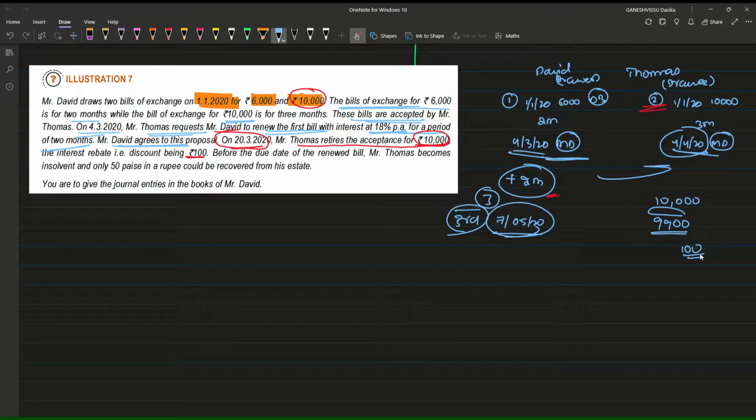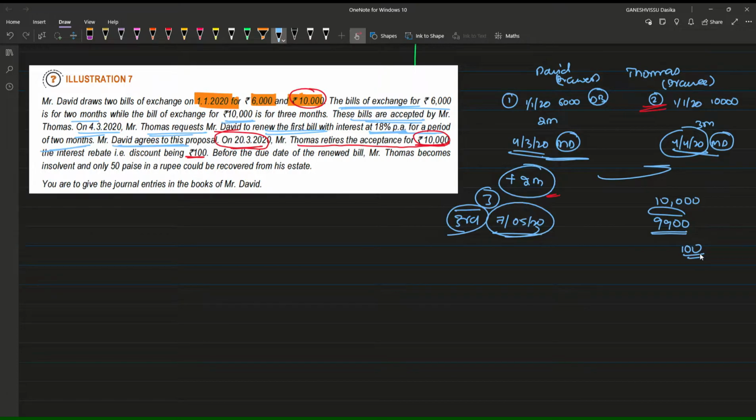Before the due date of the renewed bill, that is the third bill, before 7th May, Thomas becomes insolvent and only 50 paisa in a rupee could be recovered from his estate.